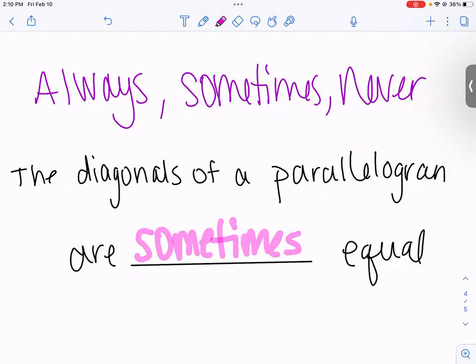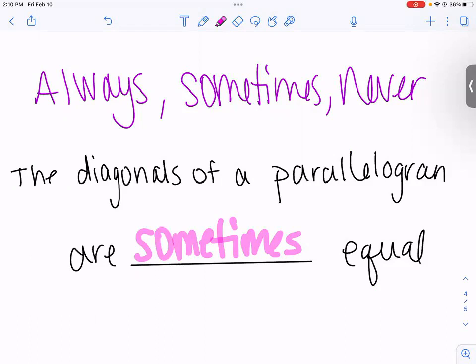Okay, Carson. When does a parallelogram have equal diagonals?